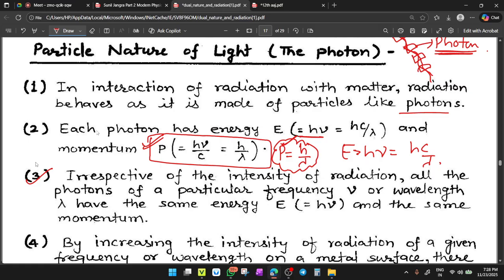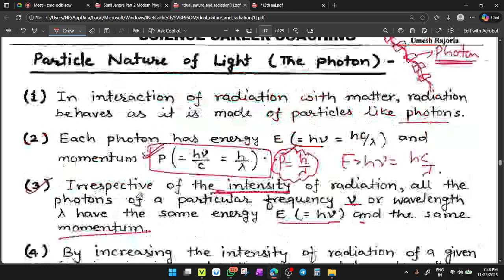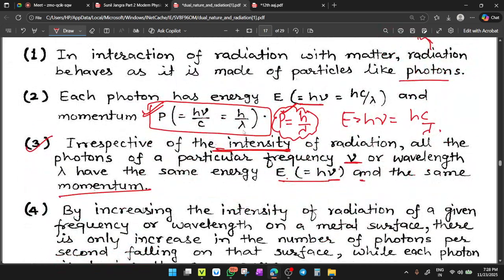Yes. Next. Irrespective of the intensity of the radiation, all the photons of particular frequency nu or wavelength lambda have the same energy, obviously, because the energy is independent of the intensity. It depends only on the frequency. So if they have the same frequency, they will have the same energy. Okay, and the same momentum. Yes, because for the same frequency there will be a unique wavelength and the same momentum.